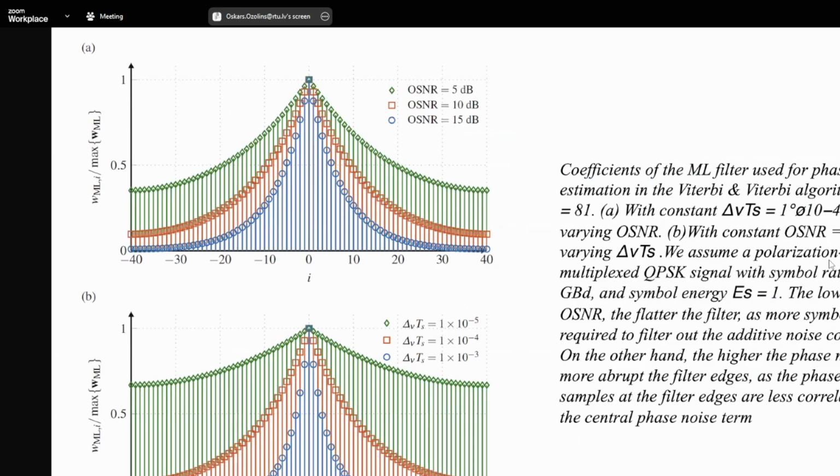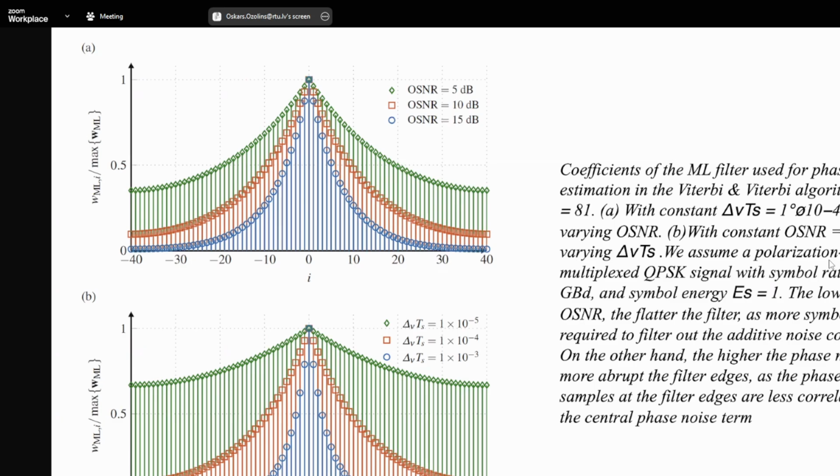There are also some different coefficients from the book for the Viterbi algorithm used for phase noise estimation under different noise, because the system is affected not only by amplitude noise but also by phase noise. Depending on which noise is stronger, you do this phase noise estimation in blocks or use a sliding window. Then you can adjust the window size, which means how many samples you process at the same time.